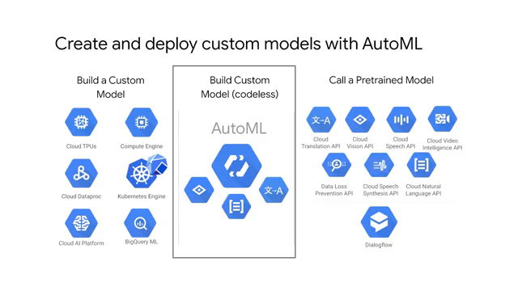Where does AutoML sit in the suite of GCP products that can be used for machine learning? On one hand, with products such as Cloud AI Platform and BigQuery ML, you can build very customized machine learning models. However, to use these products, you'll need someone with machine learning expertise and coding experience.